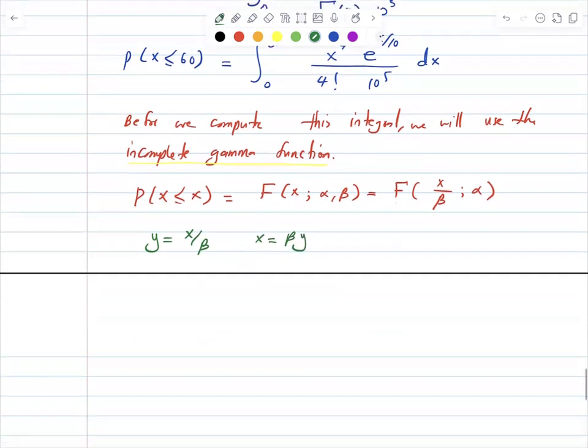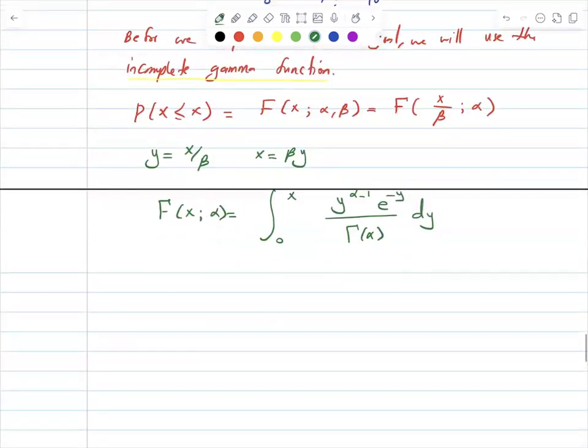And you can write down your cumulative distribution function F of x and alpha to be the integral 0 to x of y to power alpha minus 1 e to power negative y divided by gamma of alpha, dy.